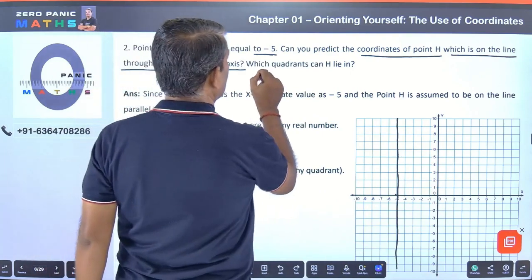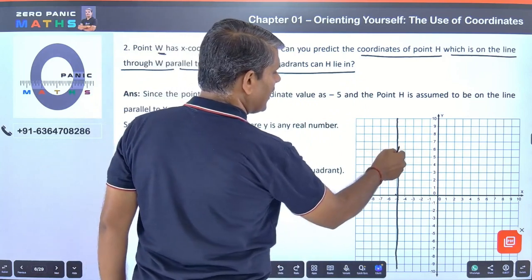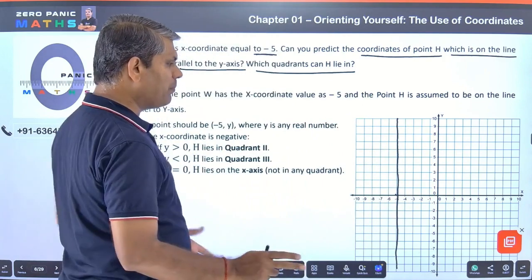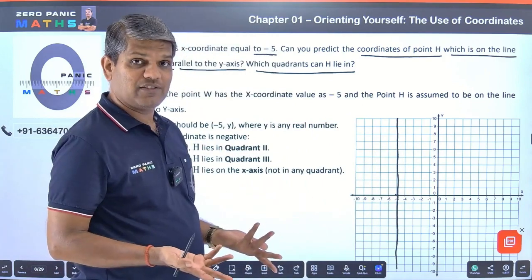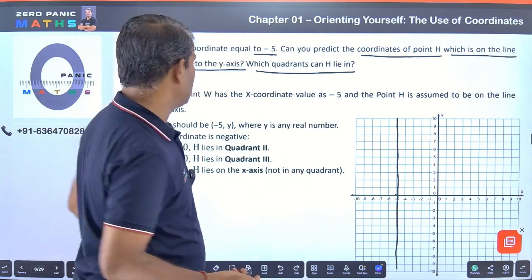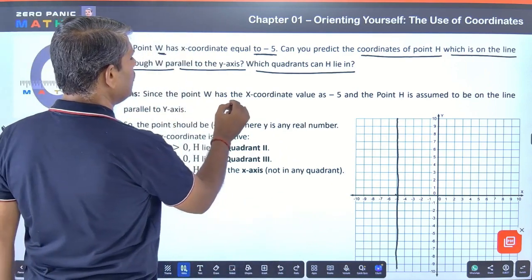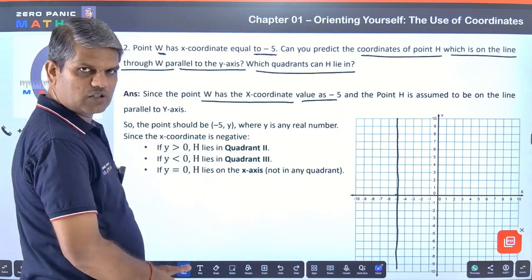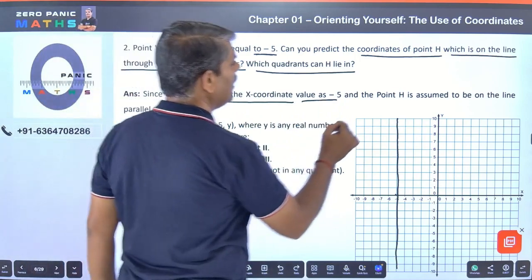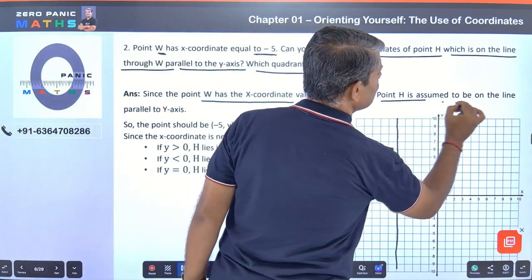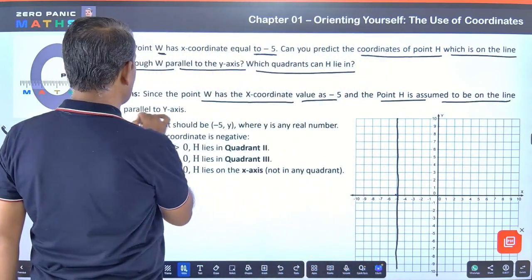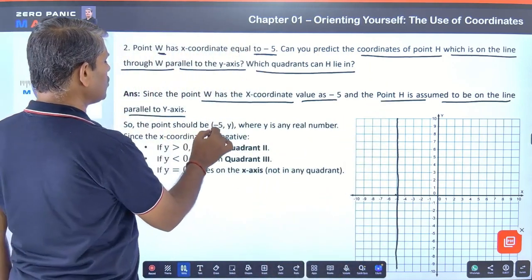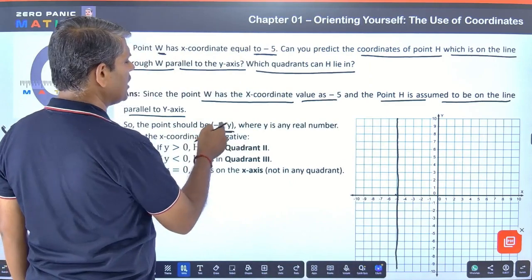H either lies in the second quadrant or the third quadrant, because it depends on the value of y. Since the point W has x coordinate -5, and the point H is on the line parallel to the y-axis, the point should be -5, y.